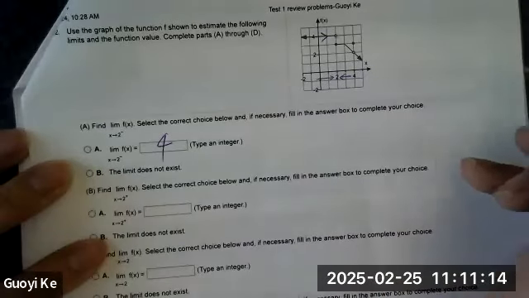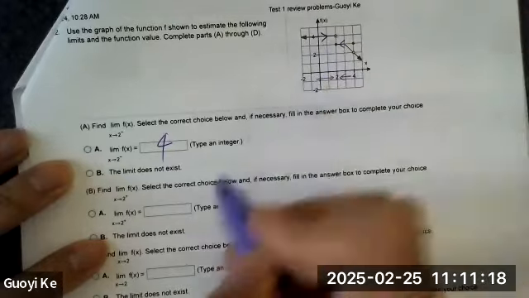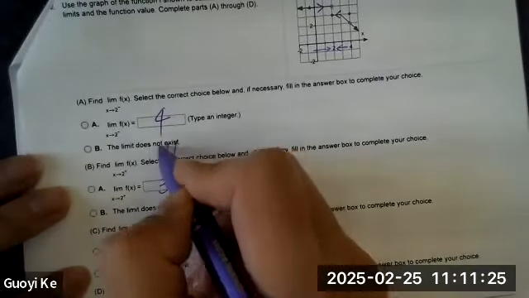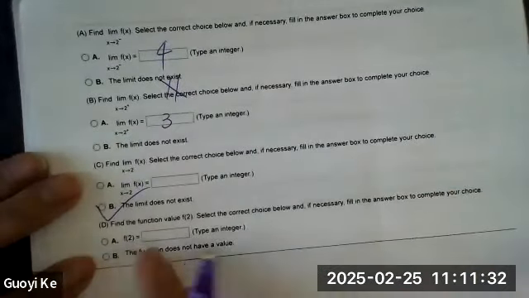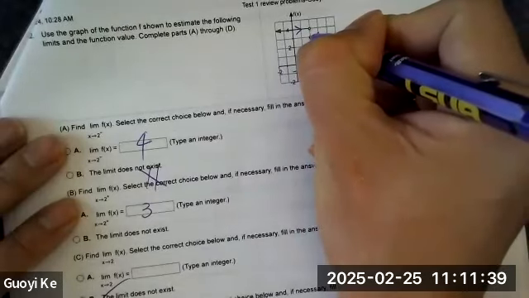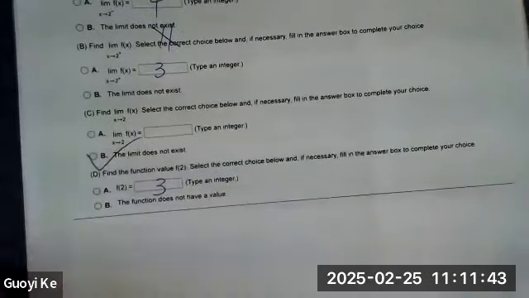And x approaches 2 from the right-hand side. The curve approaches this point, which has y value that is 3, right? And since these two are not equivalent, the limit doesn't exist. Very good. f(2): we draw a vertical line and we find the solid point is here. So this guy is 3. Okay, that's it.